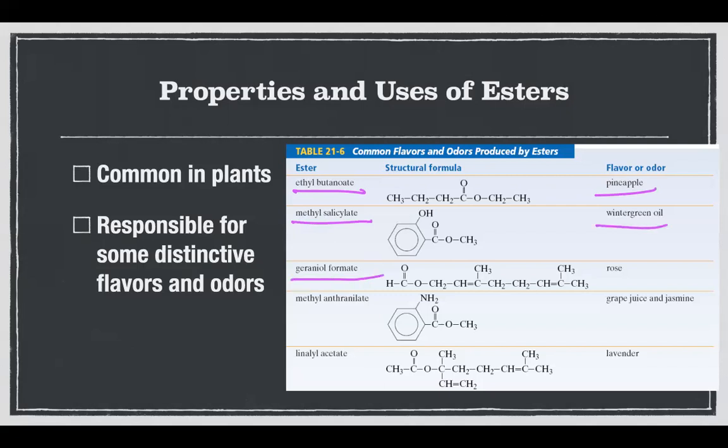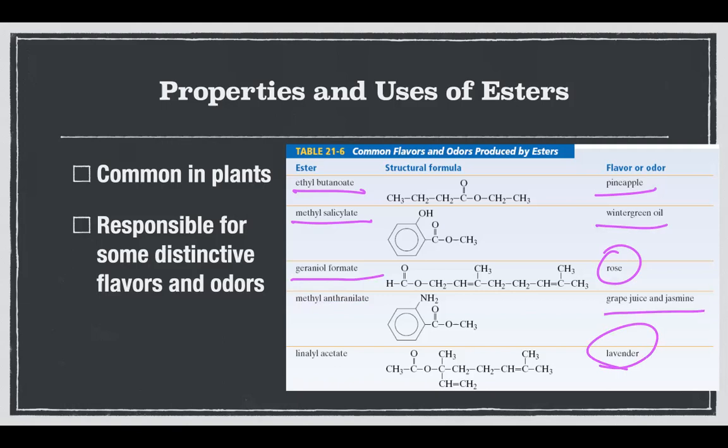We have geranyl formate, or geraniol, whatever, formate, which gives rose its scent. Grape juice and jasmine come from methyl anthranilate. Don't know if I'm pronouncing that right, but it doesn't really matter. And lavender is linalyl acetate.